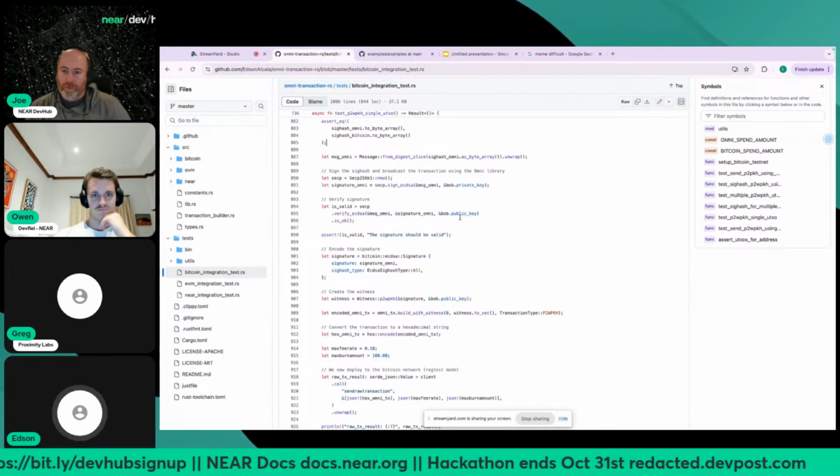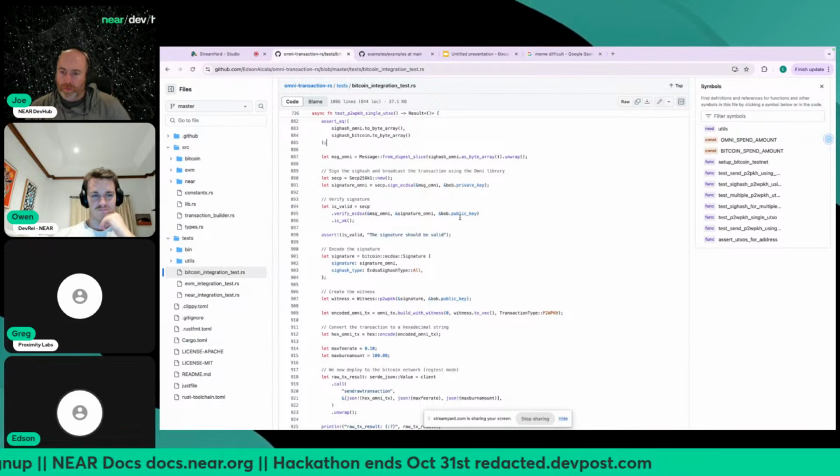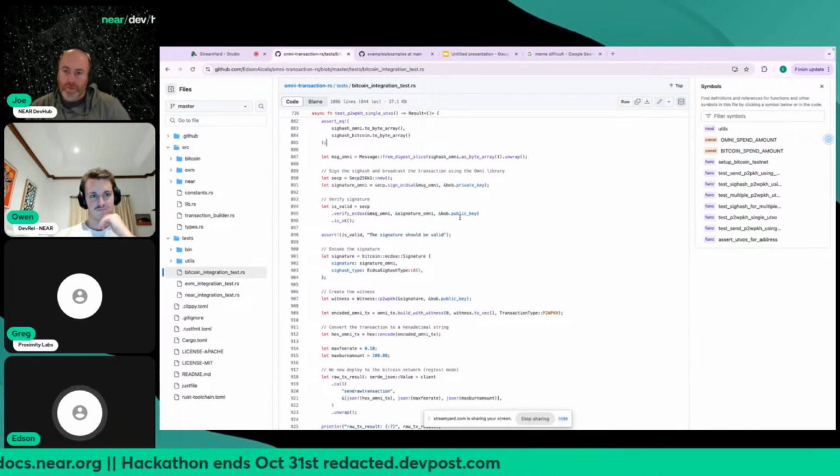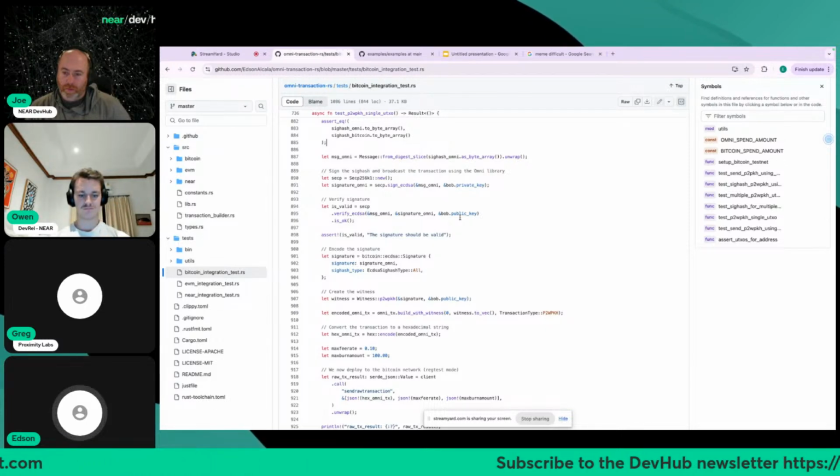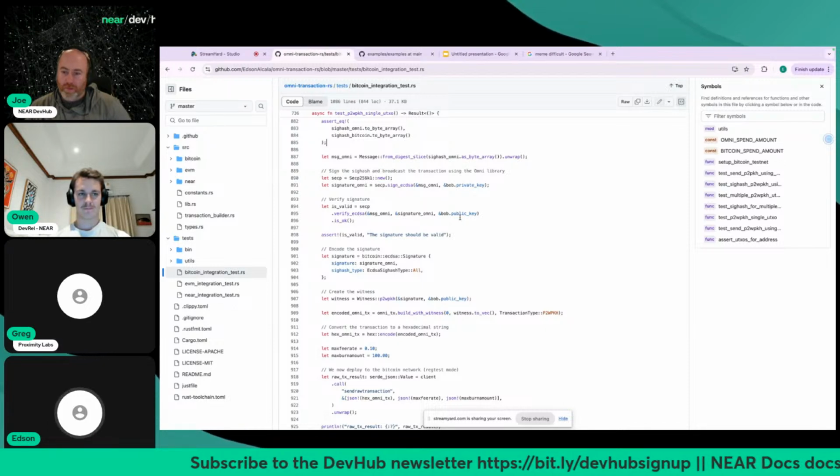Also for debugging, we are adding a lot of utilities because it's difficult for people to debug. If there is an error, it's super complicated, but little by little, we are finding strategies to do this in a better way.